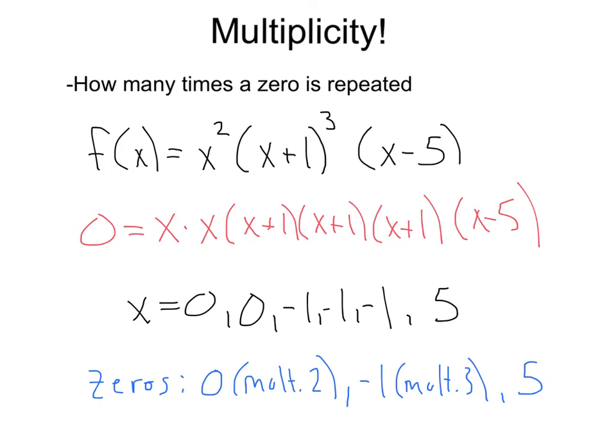So, often once you factor the function, there's going to be more than one zero repeated. Just know that that means it has a multiplicity of more than 1, and the multiplicity is equal to just how many times you get that same zero.